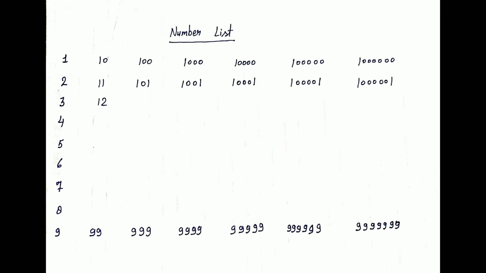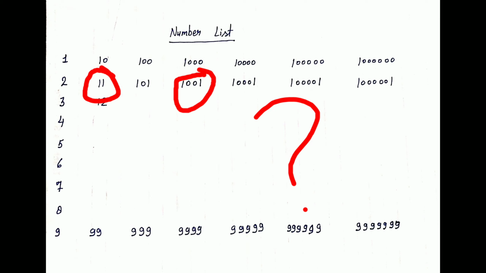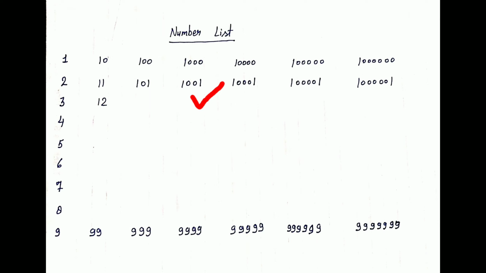It means we have an infinite number of numbers possible. As the number of digits increases, the number as a whole becomes greater. If you compare any numbers like 11 and 1001, which one is greater? Obviously 1001 is greater because it has more digits.